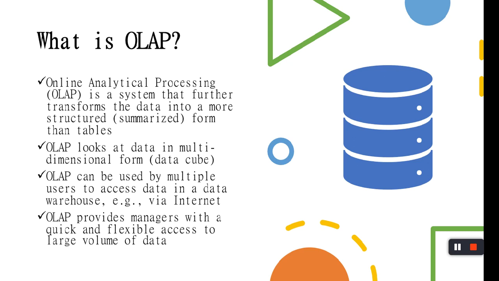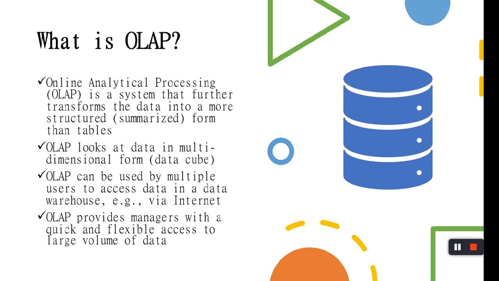So instead of just presenting data in a tabular format, OLAP helps us to capture the data and then think of a better way to present it other than in a tabular format. Okay, so it will transform the data. It will show us the summary of the data that we want to retrieve other than that of a tabular format.